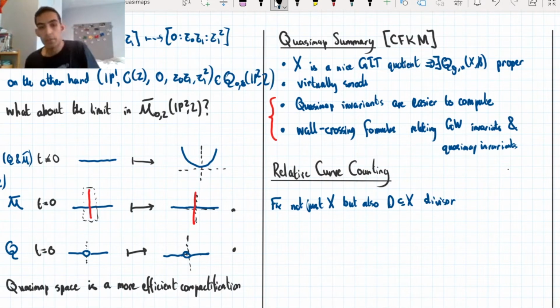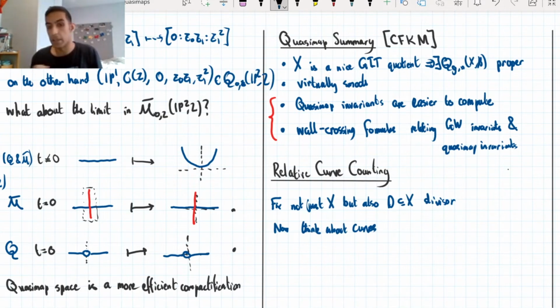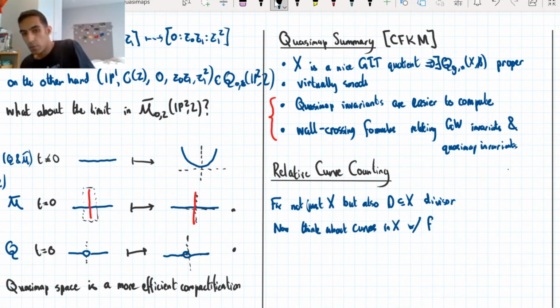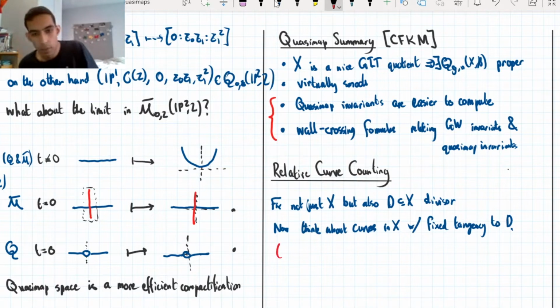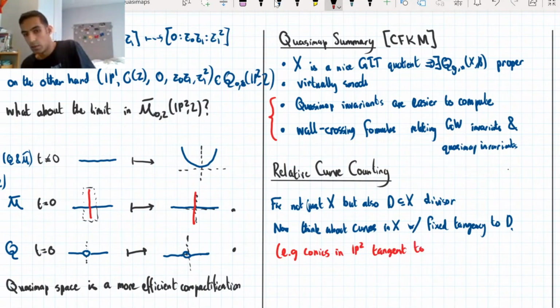And now I'd like to think about not just curves in X, but curves in X which are tangent to D in some specified way. Curves in X with fixed tangency to D. So before we were thinking about conics in P2, and now I'm saying think about conics in P2 tangent to a line, tangent to some fixed line.